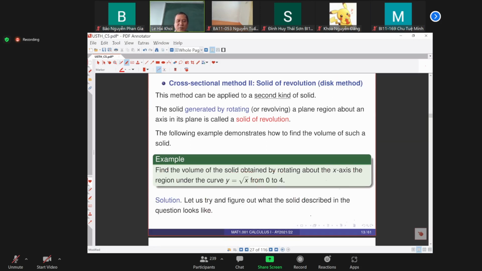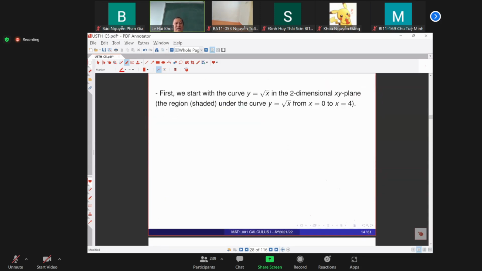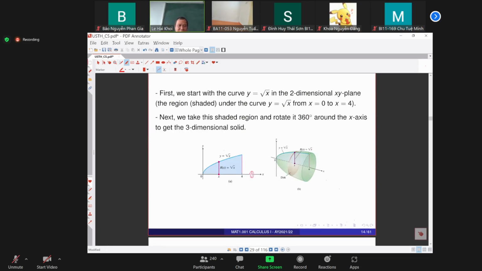Okay, so here, look at that. What is that? You start with the curve square root of x, and you can see from 0 to 4, passing 0.